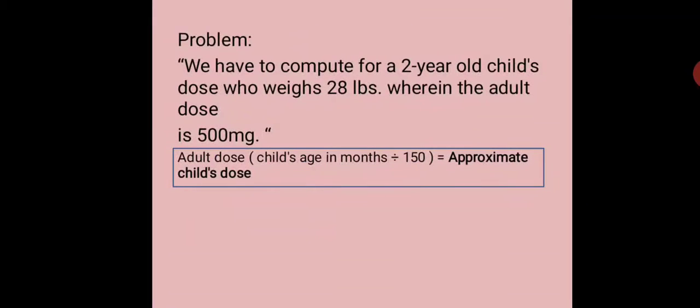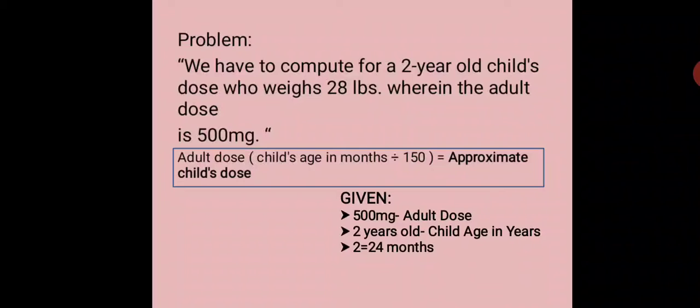Okay, the problem again, you have to compute for a 2 years old child dose who weighs 28 pounds wherein the adult dose is 500 milligrams. Okay, so the formula ni Fred's are adult dose times child age in months divided by 150. First, kunin muna natin yung given. So, ang given dyan, since ito yung hinihingi ng formula, yung adult dose ulit, which is 500 milligrams, child age in months.